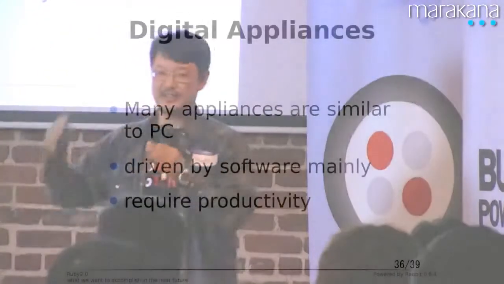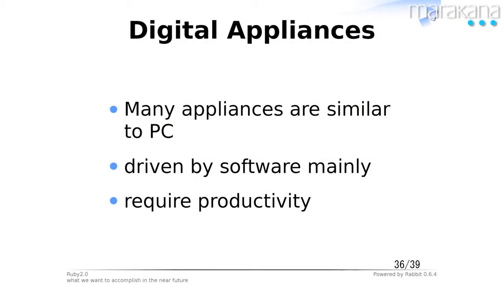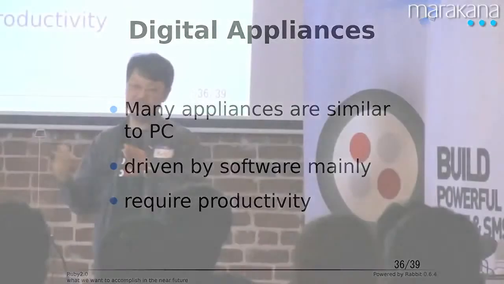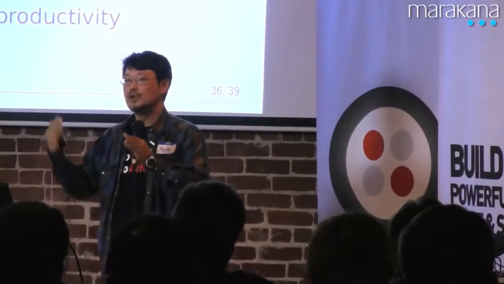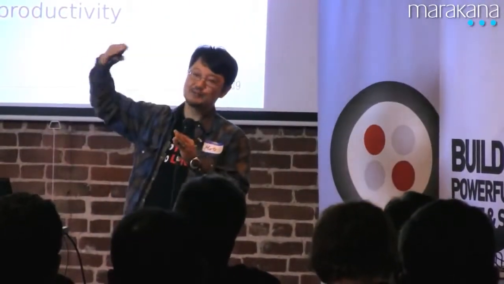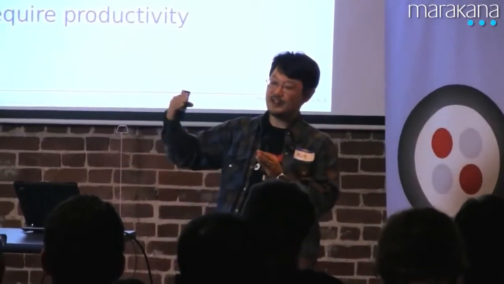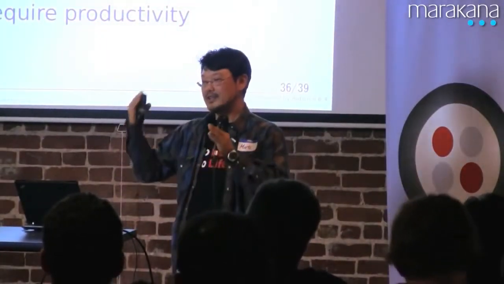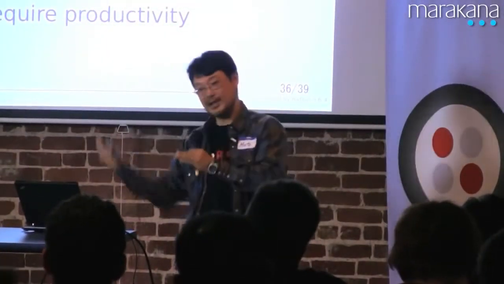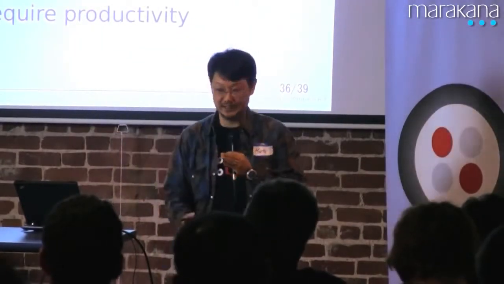And the digital appliances. Many appliances are similar to PCs, like a digital TV, which has a CPU, memory, a hard drive and some controllers. They are driven mainly by software. So we have a lot of lines of code in digital appliances, and the software developers for these appliances also require productivity.